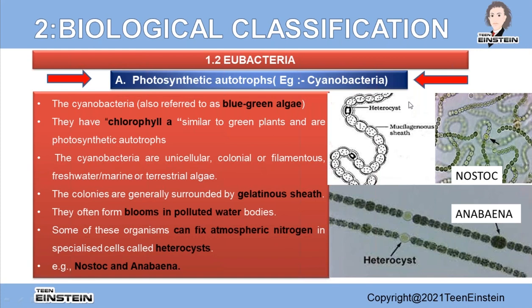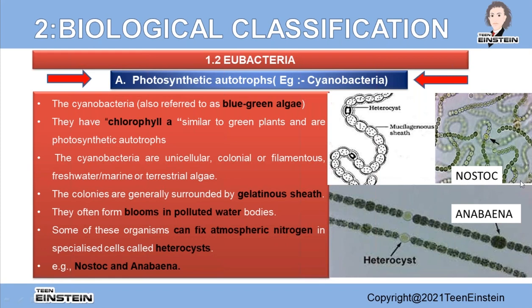They are sometimes in colonies or filamentous forms, present in fresh water, marine water, etc. In the colonies, you can see the mucilaginous sheet covering the colony, and here you can see heterocysts.